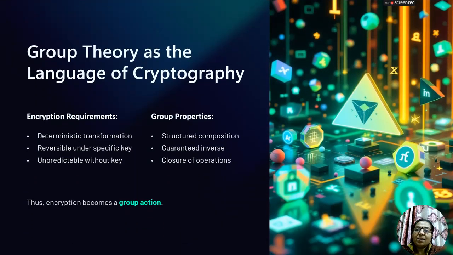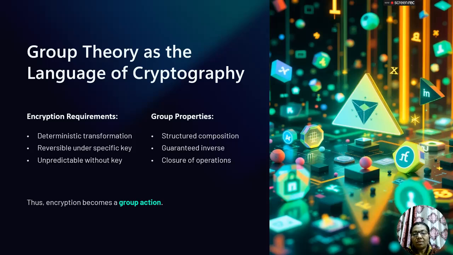The next thing is that group theory acts as the language of cryptography. What are the encryption requirements and how are the group properties applied here? We can see this in this slide. The first one is deterministic transformation, where one of the important concepts applied is structured composition.